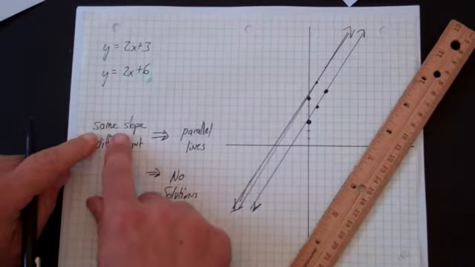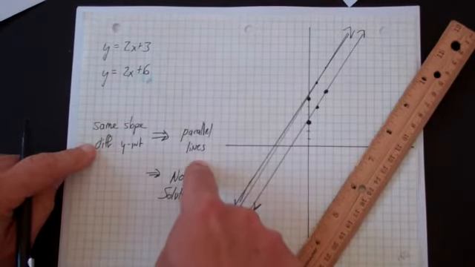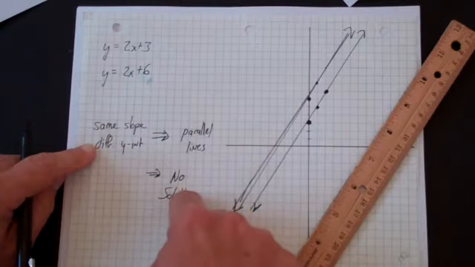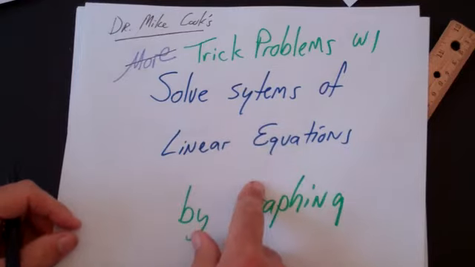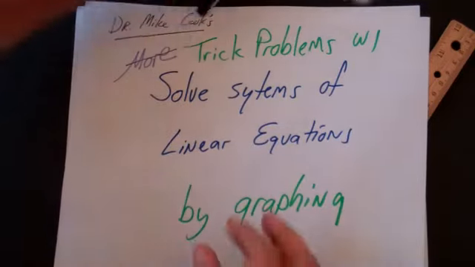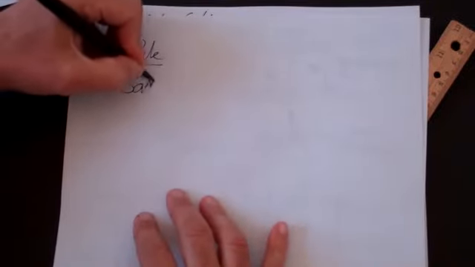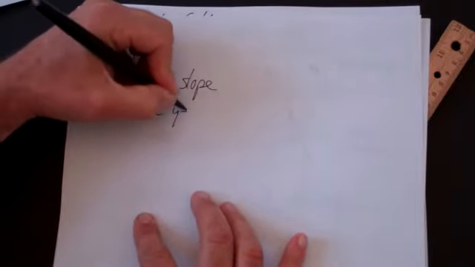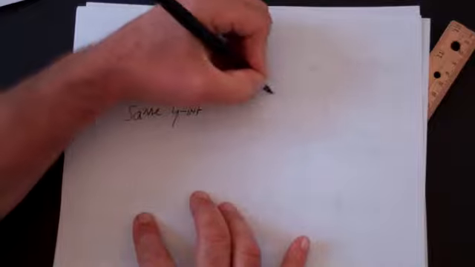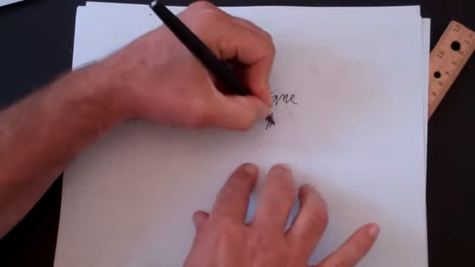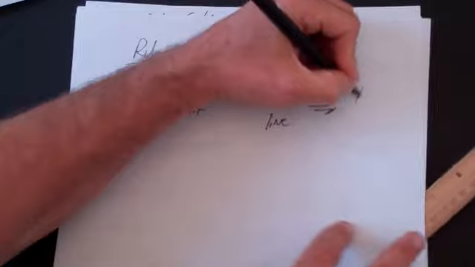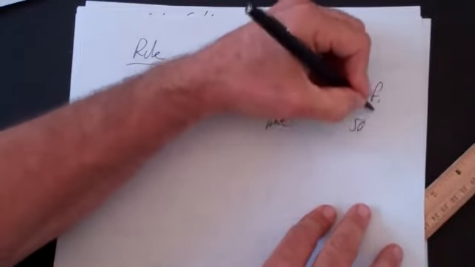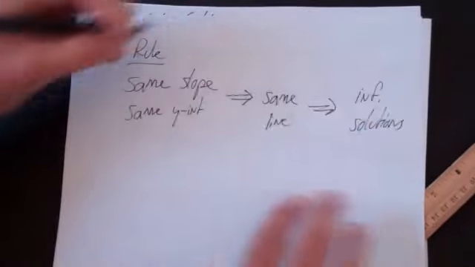So that's the reason it's good to know the rules. The rules are that if they're the same slope and different y-intercepts, that means they're parallel lines, and if there are parallel lines, it means there's no solution. So that's what I mean by trick problems for solving systems of linear equations by graphing. If they have the same slope and the same y-intercept, that means they're the same line, which means there's an infinite number of solutions.